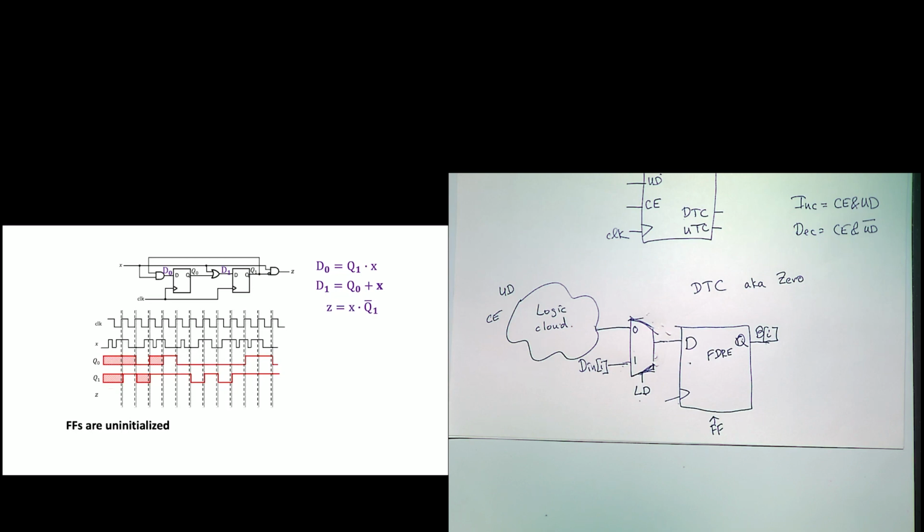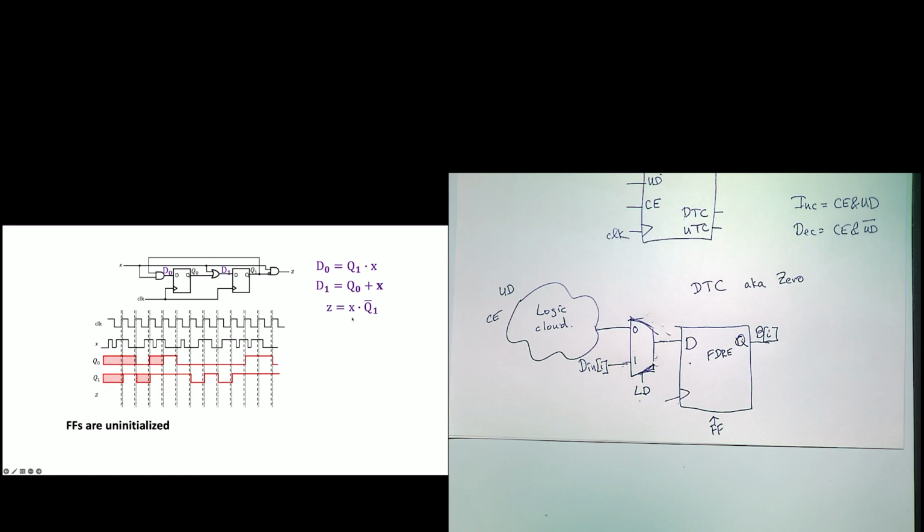Z. All right, so let's do Z. What is Z in this time? Unknown? Completely unknown? Z depends on X and Q1 bar. It's not the output of a flip-flop directly.